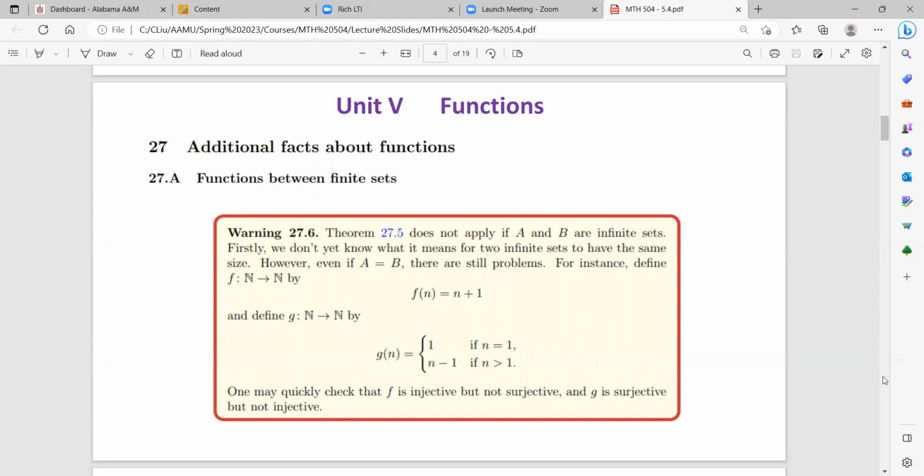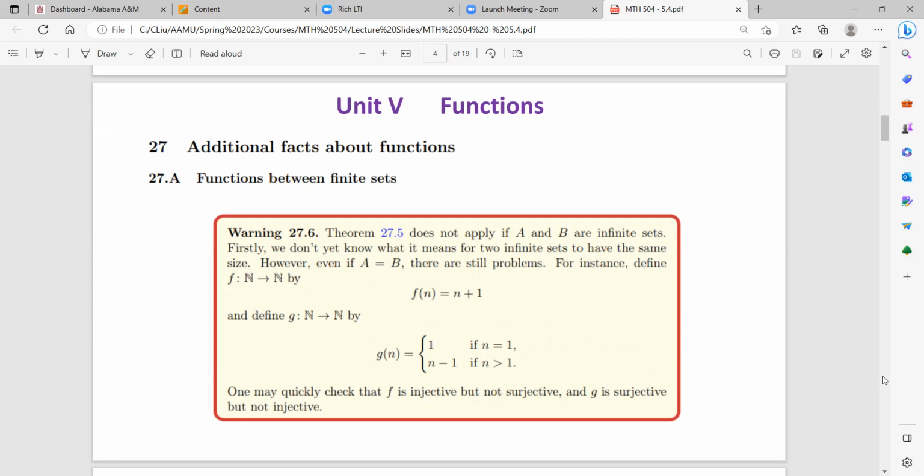But the one thing to be careful of is that we're talking about finite sets, functions defined between finite sets, A and B. But when both are infinite sets, then all the conclusions do not hold.